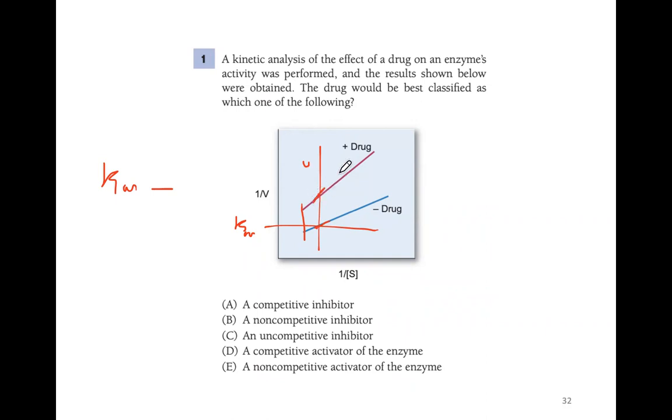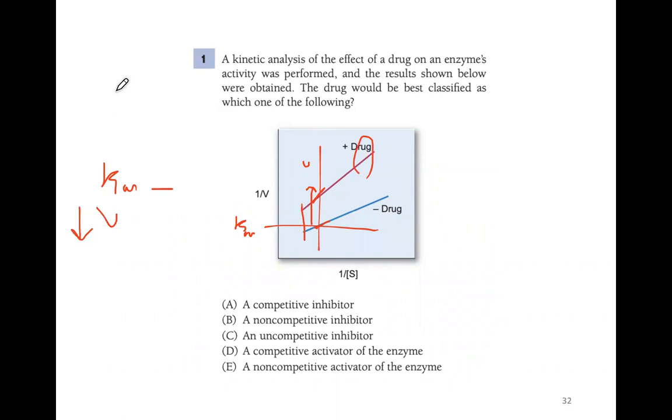So which one has higher Vmax? Is it the blue or the purple line? Yeah, without the drug, because we said as we go up, Vmax decreases. So with the presence of the drug, Vmax will decrease.